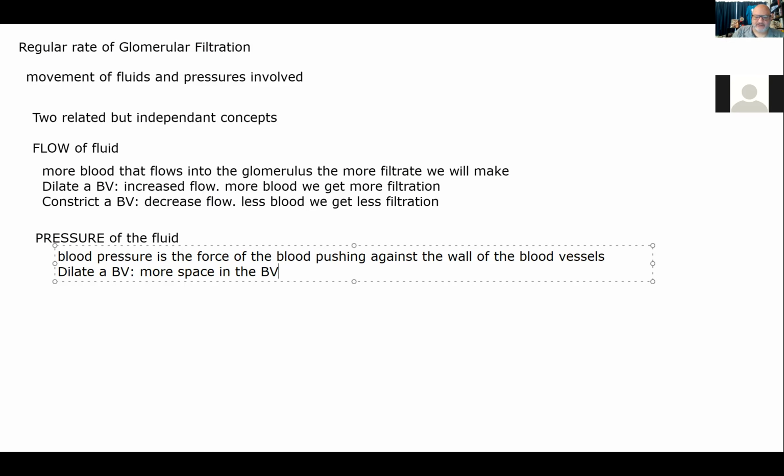It decreases. Excellent. Pressure in a blood vessel decreases. Now, if the pressure decreases in the glomerulus, what's going to happen to our filtration rate? If we have a lower pressure in our blood vessel, are we going to get more filtrate or less filtrate? Yeah.